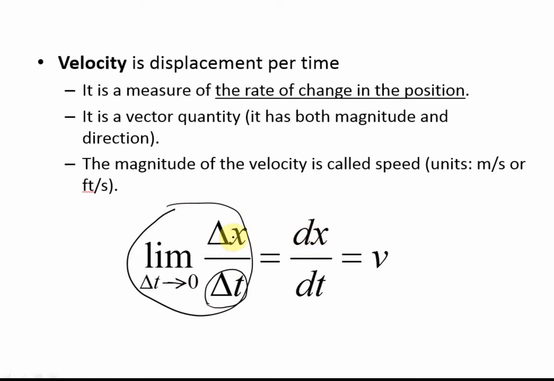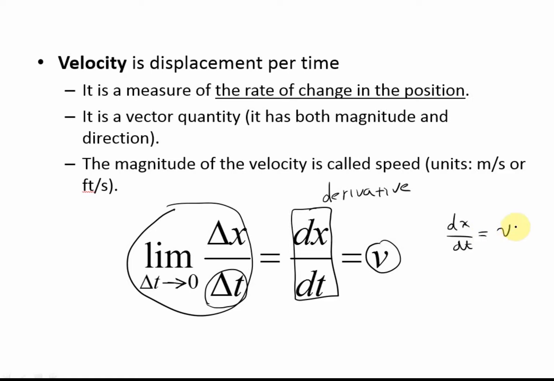So dx over dt, if you make delta t small enough, becomes the definition of derivative. So it becomes instantaneous velocity at a given time. So right now dx over dt, the time rate of change of your position, becomes the instantaneous velocity.